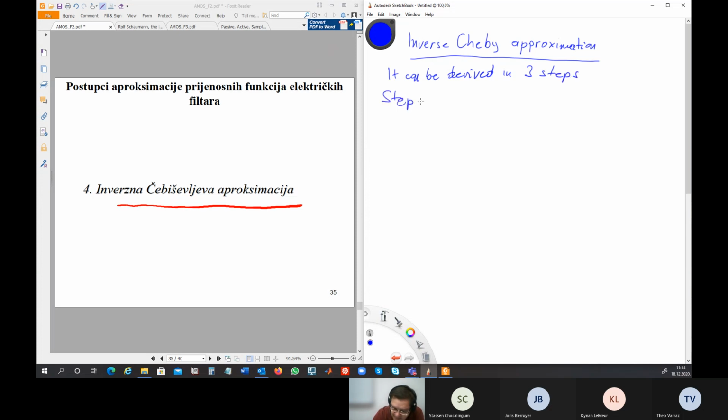Step 1. Start from the low pass Chebyshev, or we call it Chebyshev 1, the normal Chebyshev characteristic. It looks like this. It's not something we don't know. Here is a ripple.